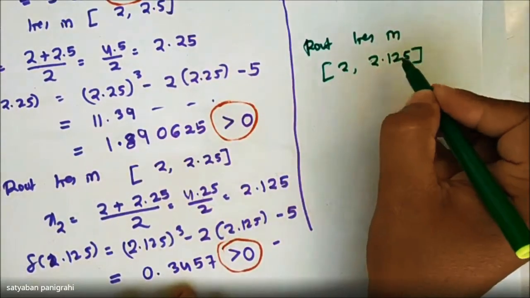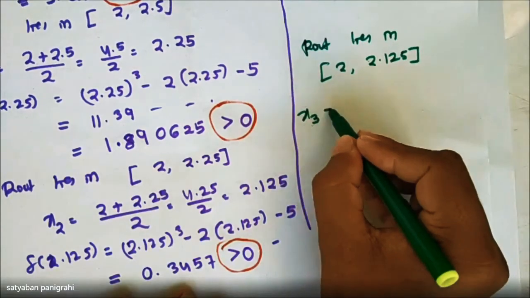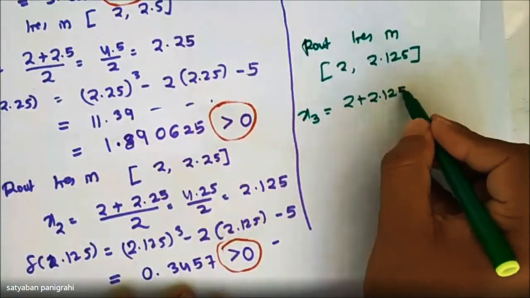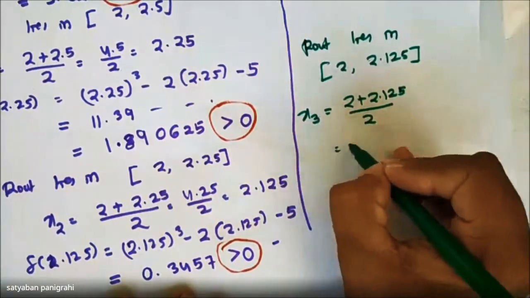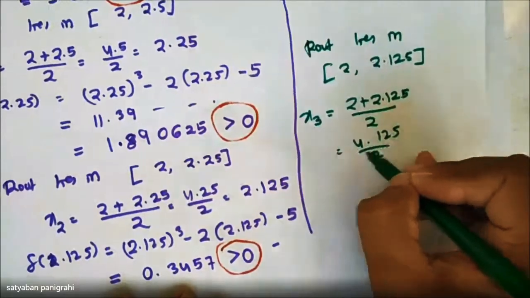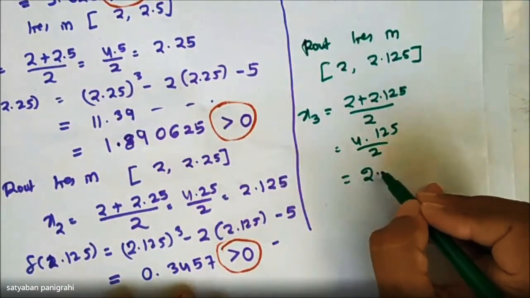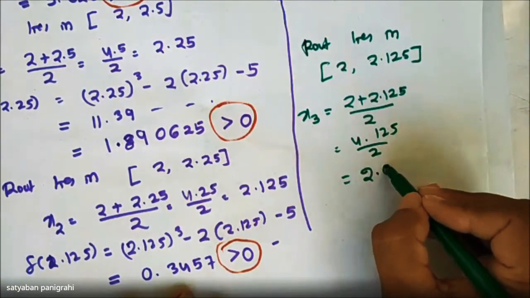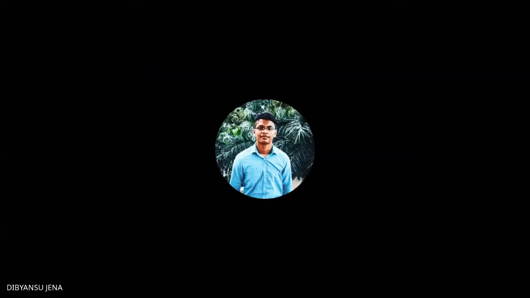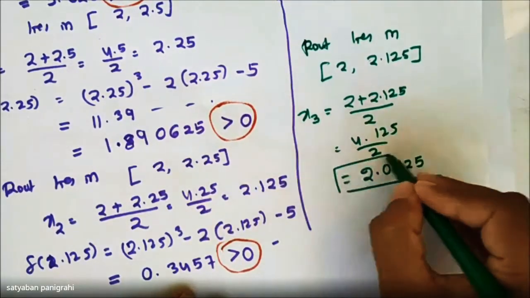Where have we reached, x2 is here and we need the next one, x3. x3 will be 2 plus 2.125 divided by 2, that is 4.125 divided by 2, that is how much, 2.0625. This much is our answer.